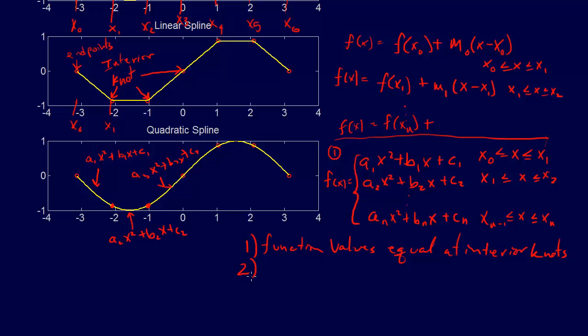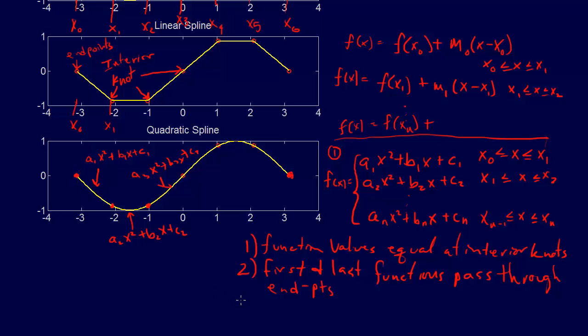The second thing that we're going to have to do is we're going to say that the first and last functions pass through the endpoints. And that's kind of obvious. All we're saying is that it has to run through that point here and it has to run through that point here. If it doesn't, it doesn't work.